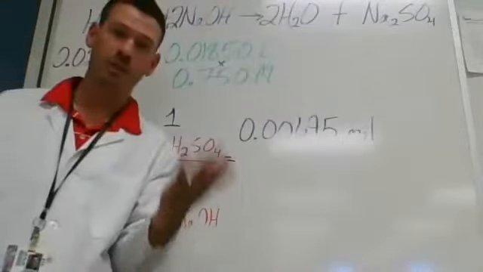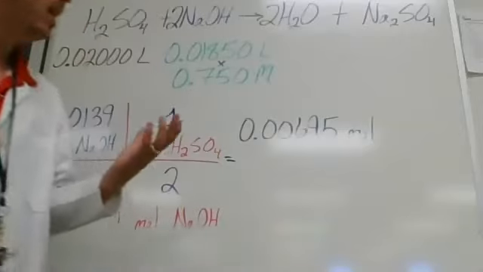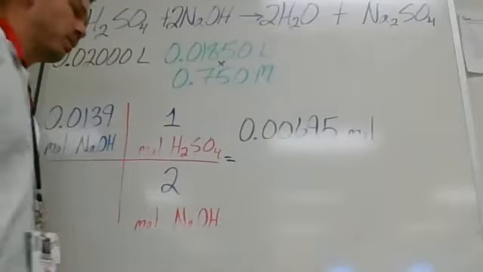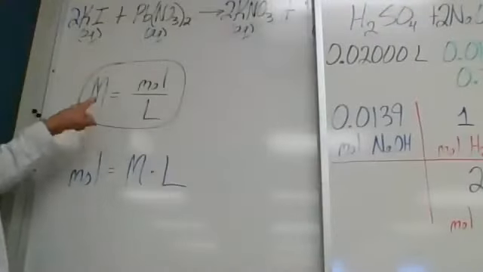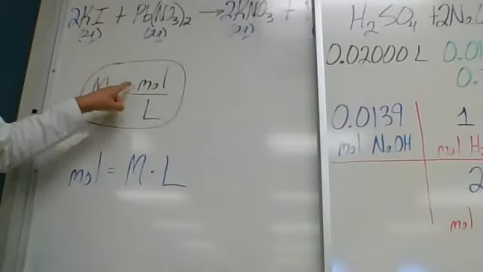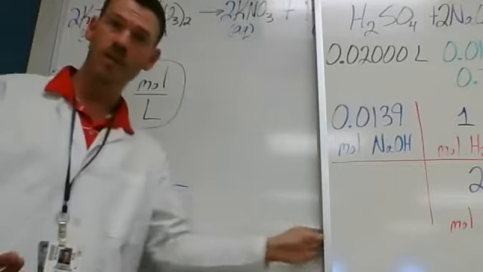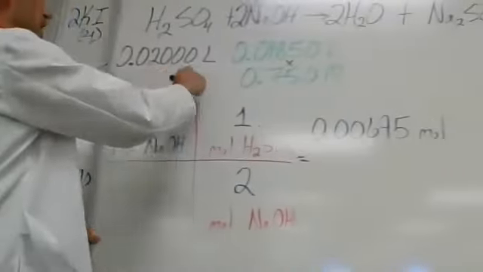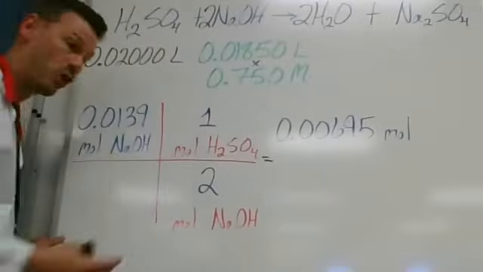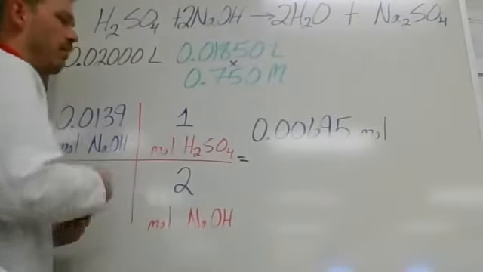We have that acid in the back of the room. How strong is it? So I can go moles to molarity because I know very simply to find molarity, it's moles divided by liters. And do we have the volume of the unknown? There it is, the number that we haven't used yet. Moles divided by liters.